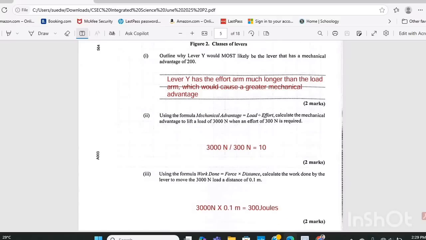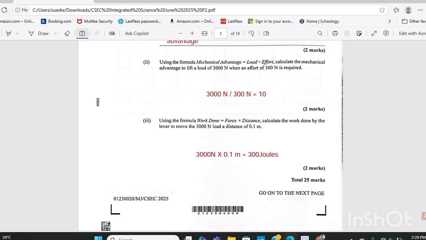The next part of the question asks us in part 2, using the formula mechanical advantage equals load divided by effort, calculate the mechanical advantage to lift a load of 3,000 newtons when an effort of 300 newtons is required. So they would have given you the formula, they would have given you the figure.